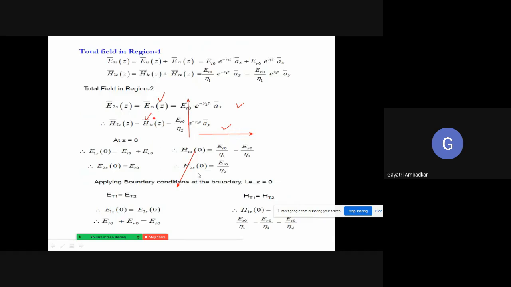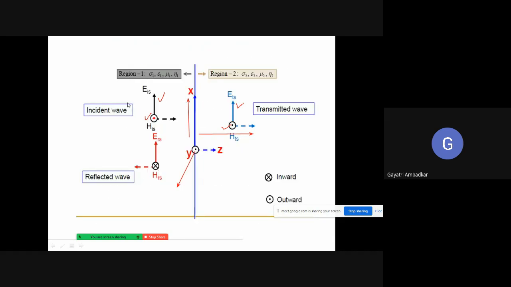After this, let us derive an expression. If you look at region 1, what are the different electric fields present? One is incident, another is reflected. If you look at region 2, the total electric field comprises only the transmitted component.